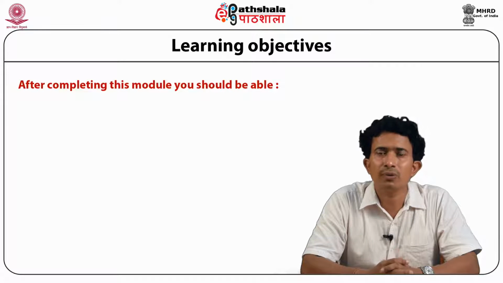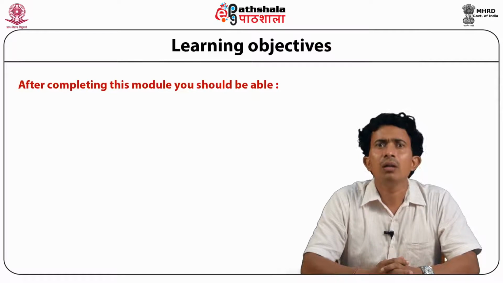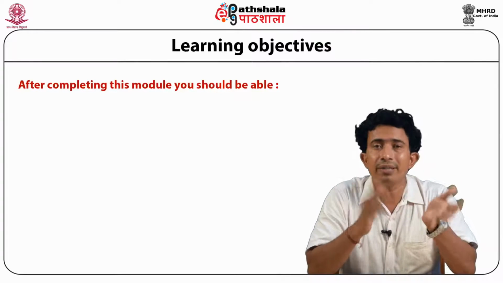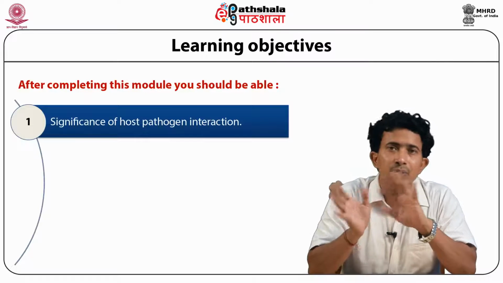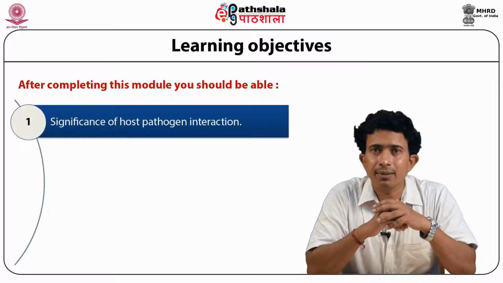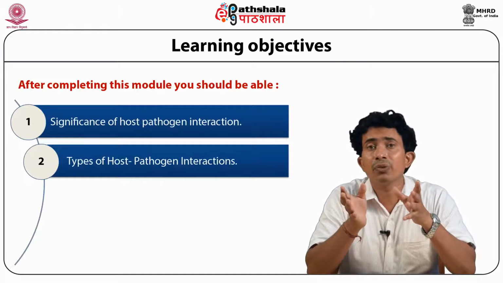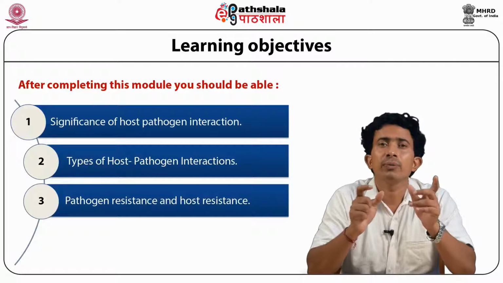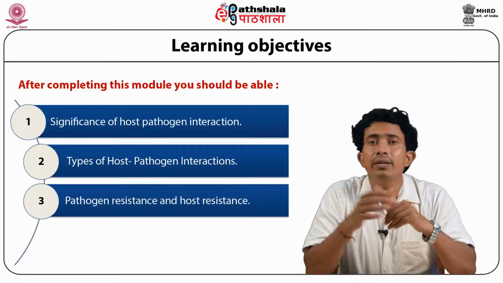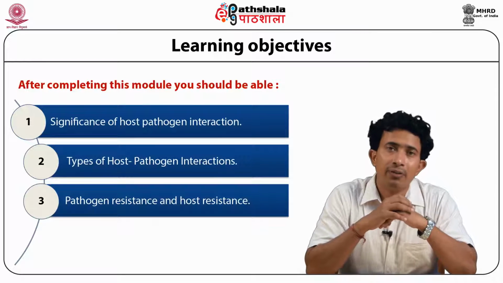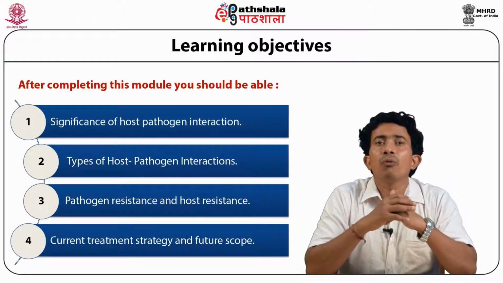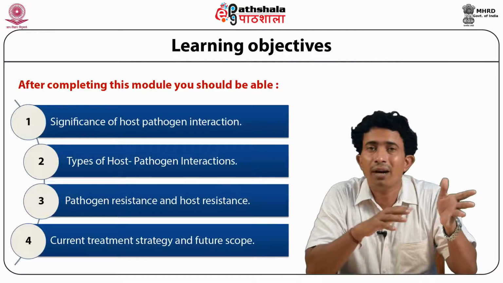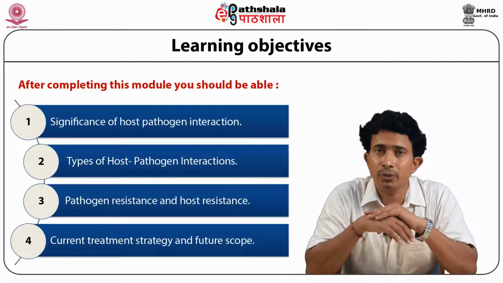The main objectives of this module are to understand what host pathogen interaction is, the significance of understanding it, the resistance mechanisms which the host exhibits against the pathogen, the tools the pathogen has to invade the host and establish infection, and finally what can be done in host pathogen interaction in order to devise new drugs and vaccines for future use.